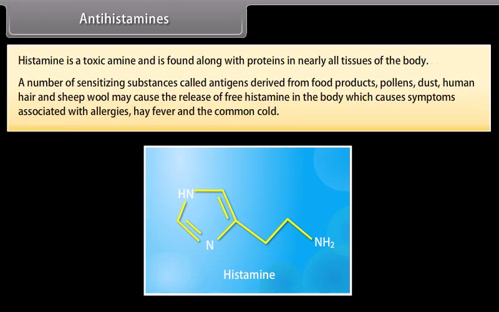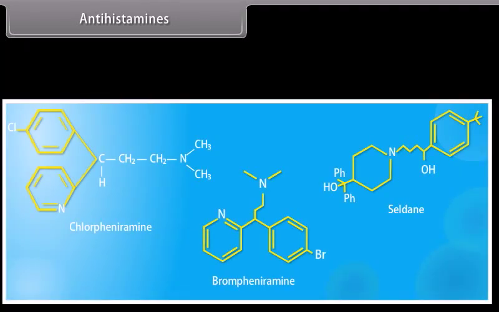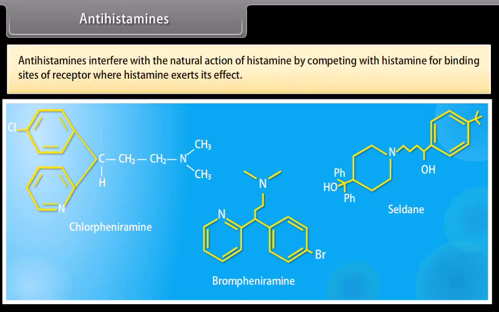An antihistamine relieves these symptoms by blocking the action of histamine. For example, chlorpheniramine, brompheniramine and terfenadine. Antihistamines interfere with the natural action of histamine by competing with histamine for binding sites of receptor where histamine exerts its effect.